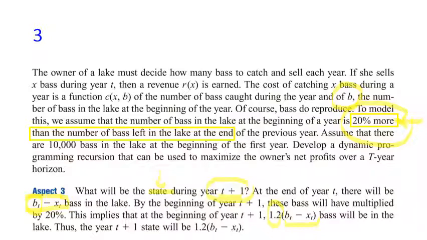So the multiplier must be 1.2. At year T plus 1, the state will become 1.2 times (BT minus XT), so 1.2 times whatever remains in the lake at the end of year T.